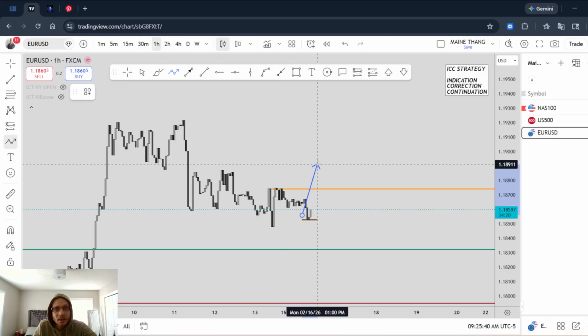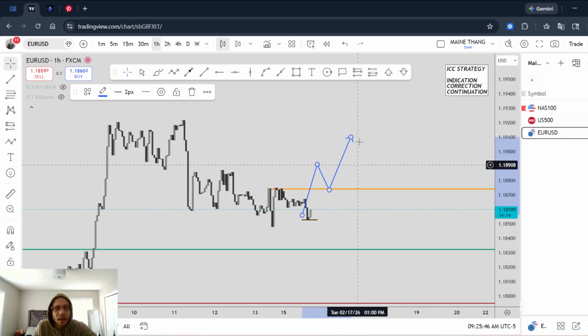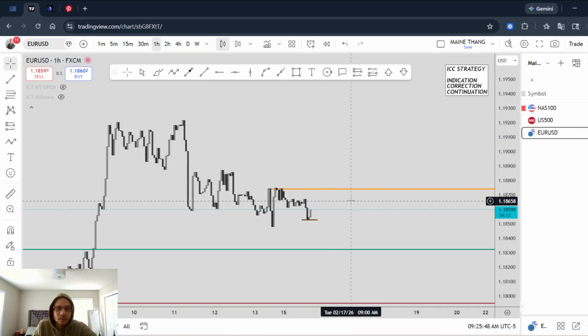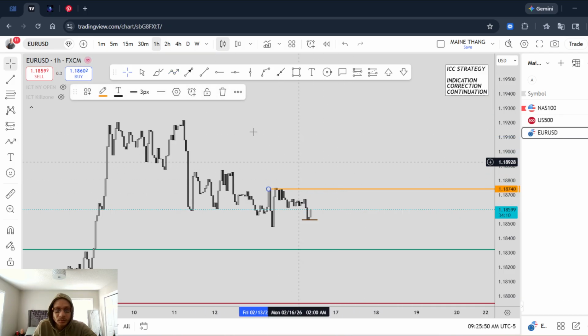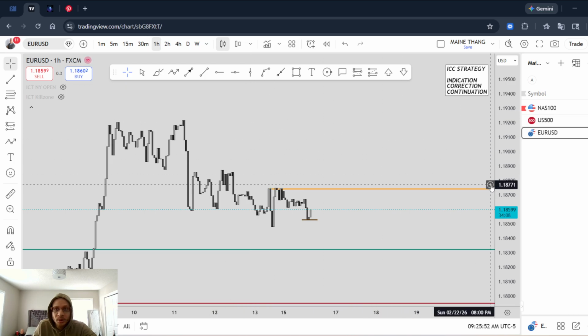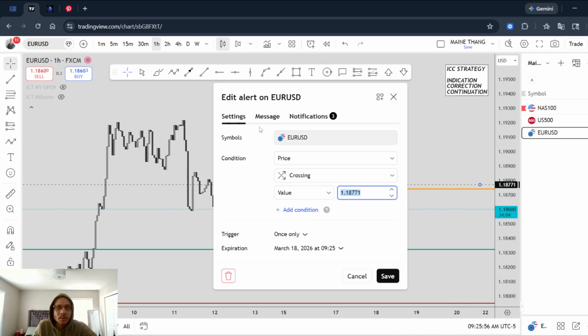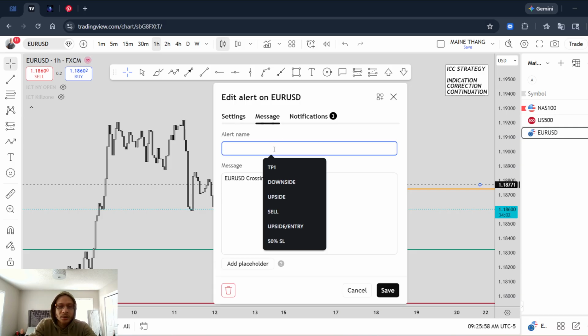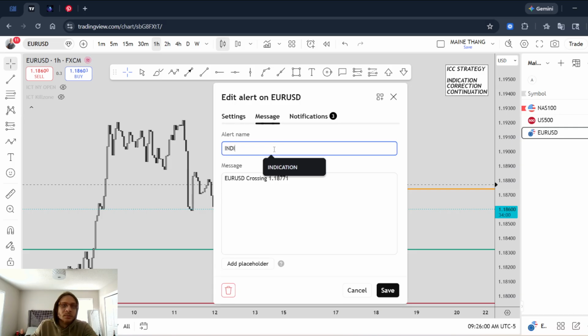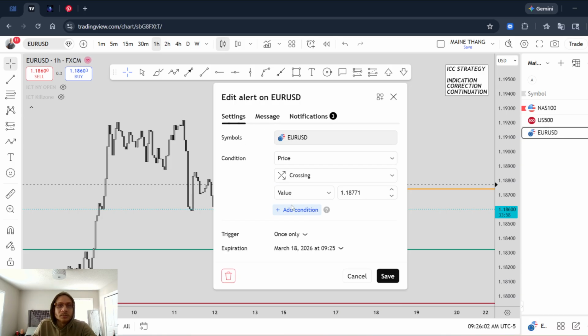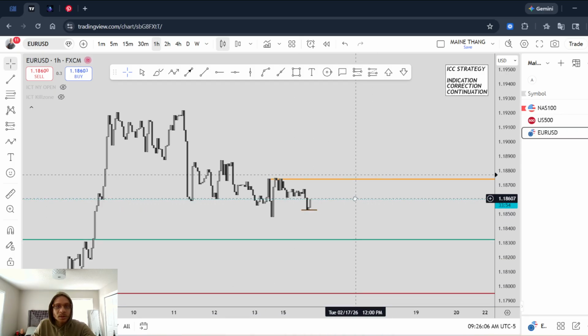So now we got an indication on the 1 hour. Now we start looking for potential buys when that happens. So I will put an alarm here and put that indication.